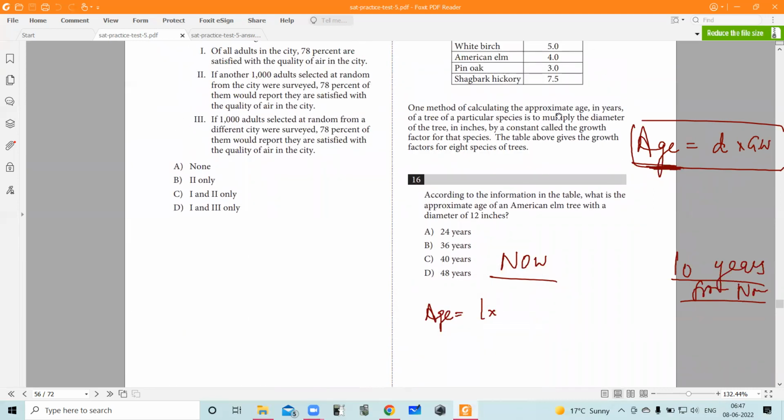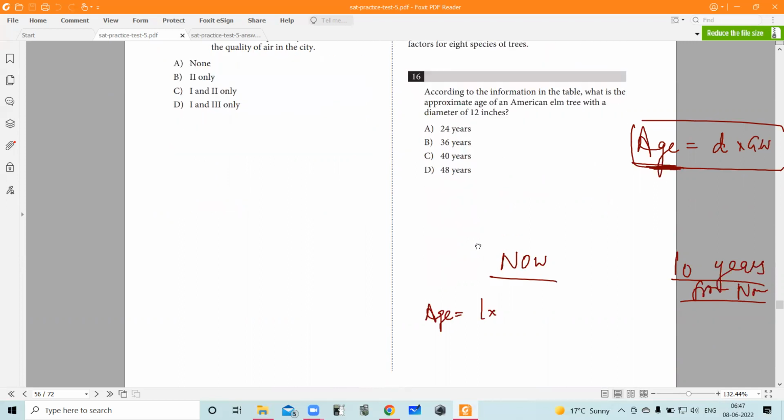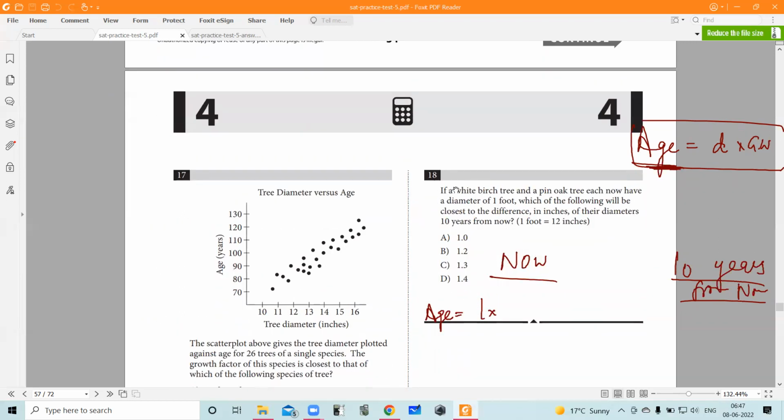One method of calculating the approximate age in years of a tree of a particular species is to multiply the diameter of the tree in inches. Yes, exactly, you're right. So that's why we'll be plugging in inches. 1 foot means 12 inches multiplied by the growth factor of the white birch tree.